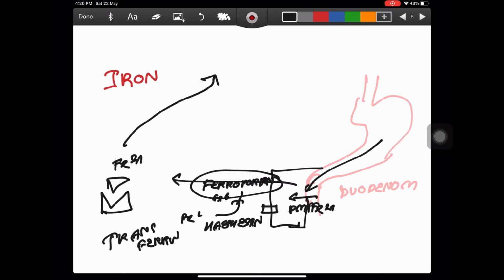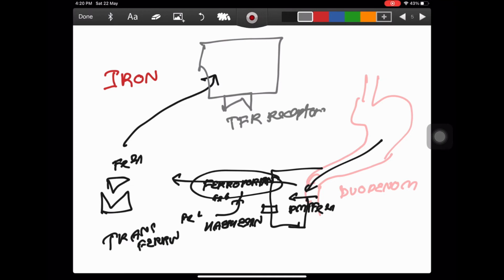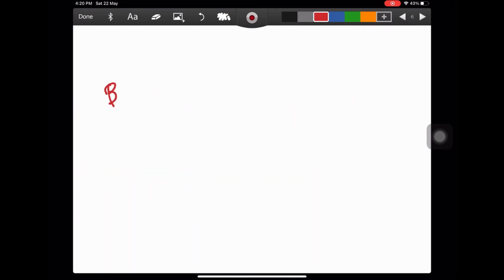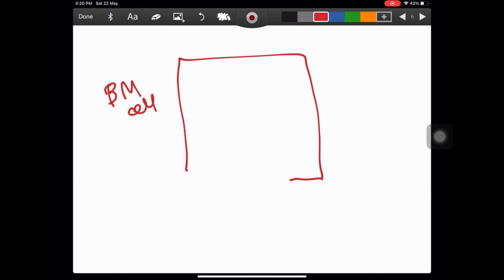So this transferrin, where does it go? It goes to the bone marrow. There are transferrin receptors there, so it takes the iron there. Now let's draw a bone marrow cell here.